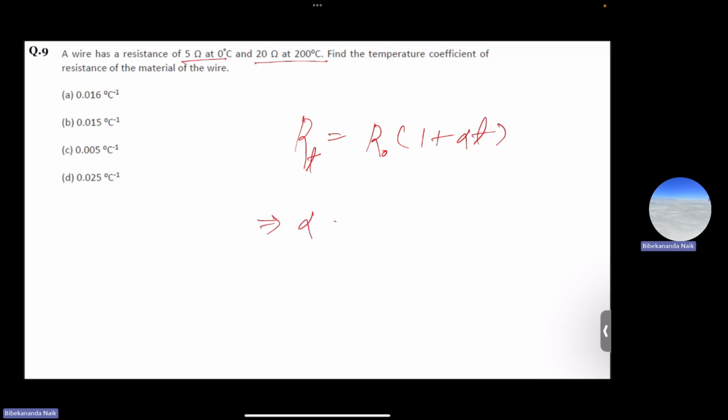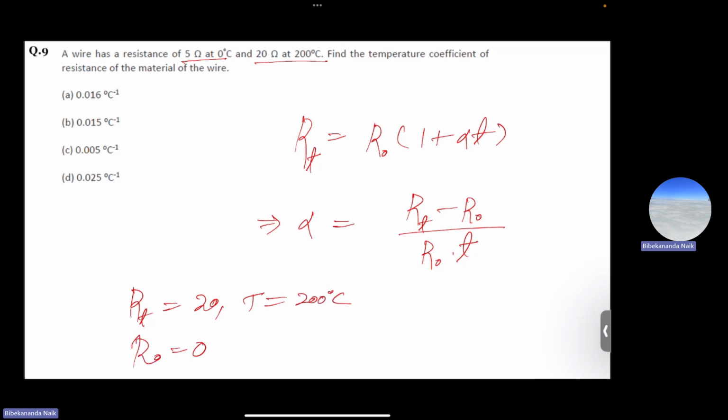That implies alpha equals (RT minus R0) divided by R0 into T. So here RT is 20, at T equal to 200 degree centigrade, and R0 is 5, at T equal to 0 degree centigrade. So this T is delta T, which is 200 degree.